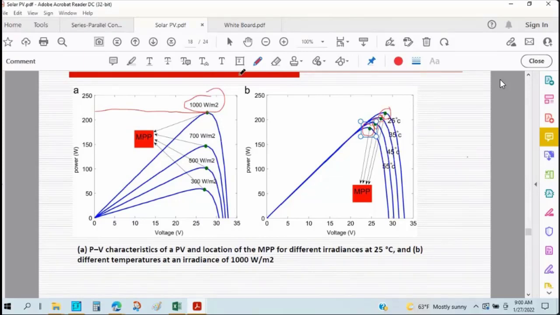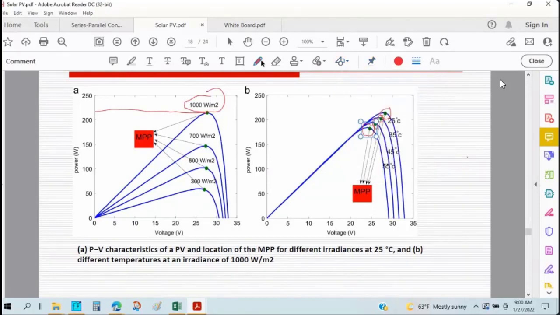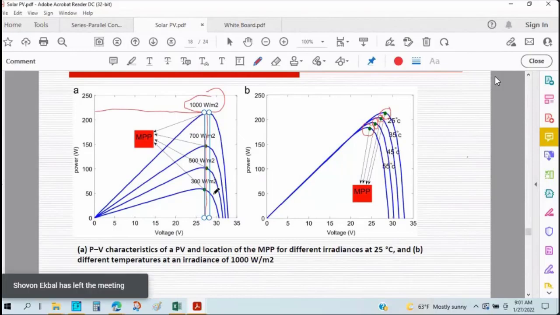And for that particular power, if we operate the solar panel at this particular voltage, at 27 volt, we will get the maximum power. But if we operate the solar cell or solar panel at a different voltage other than 27 volt, we won't get maximum power.